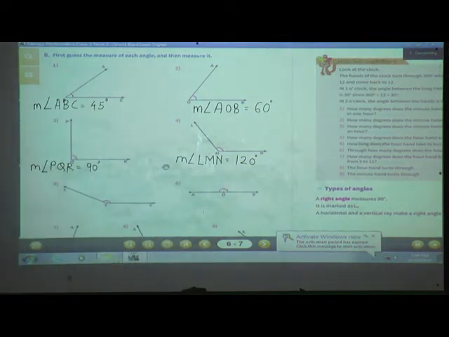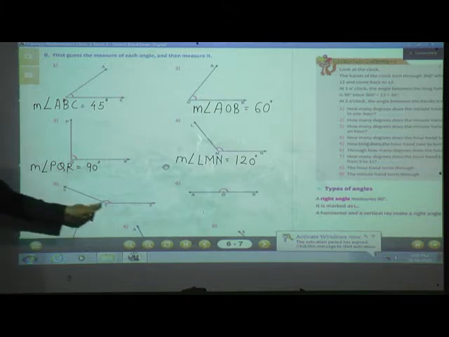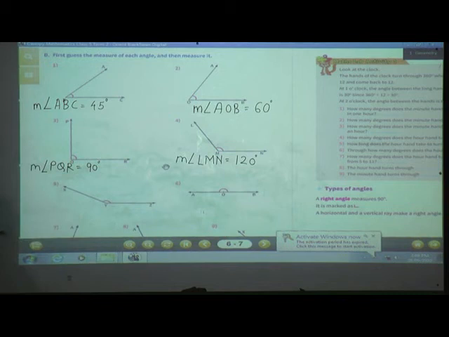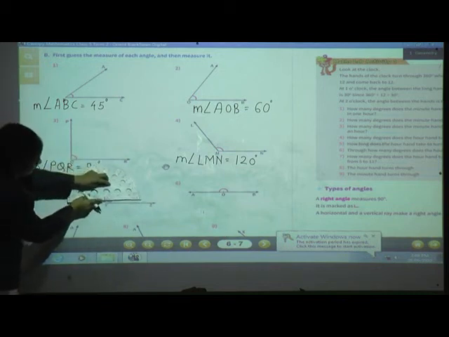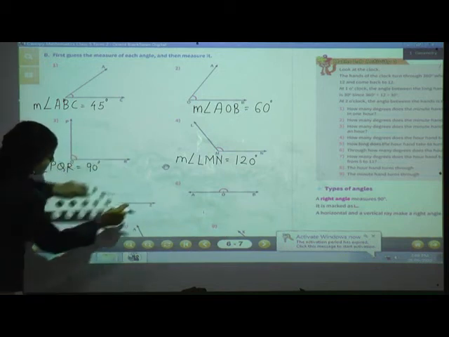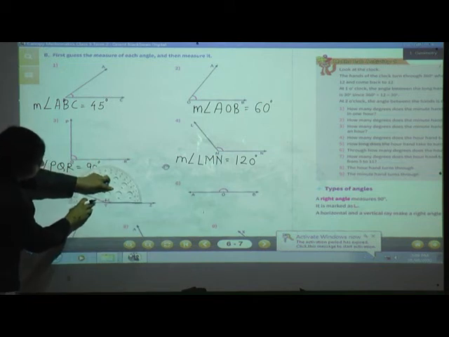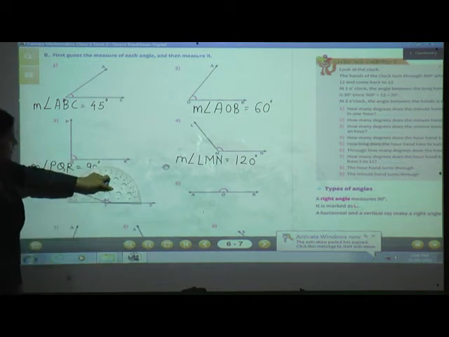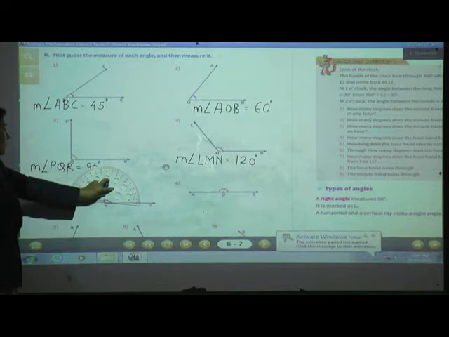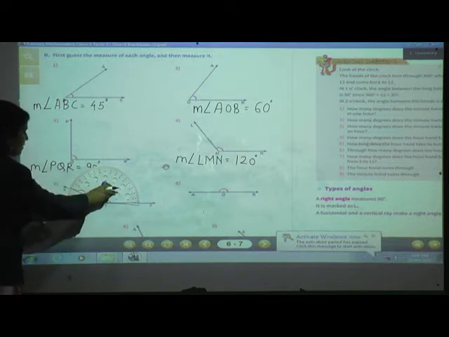Now fifth one. Anyone from you read the angle? Yes, angle XYZ. Place your protractor's baseline on the ray YZ and the center is on the vertex Y. Measure it properly here.